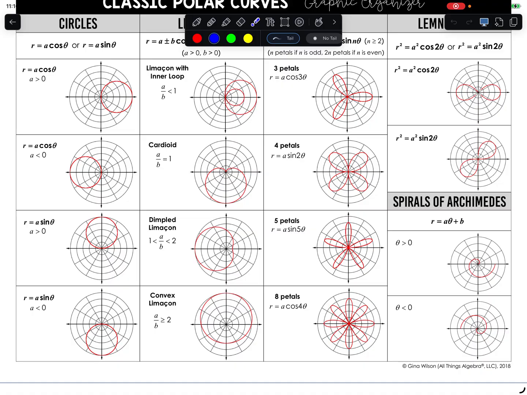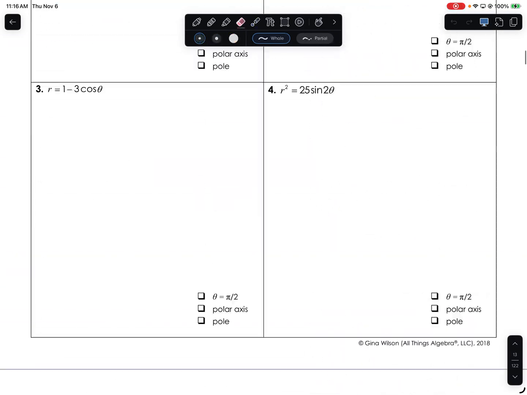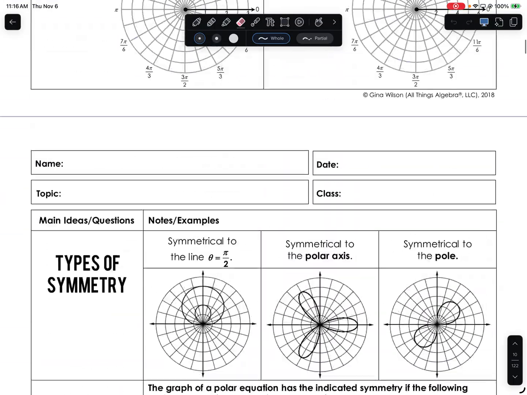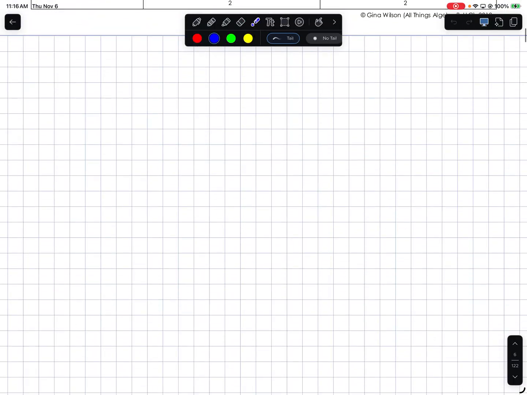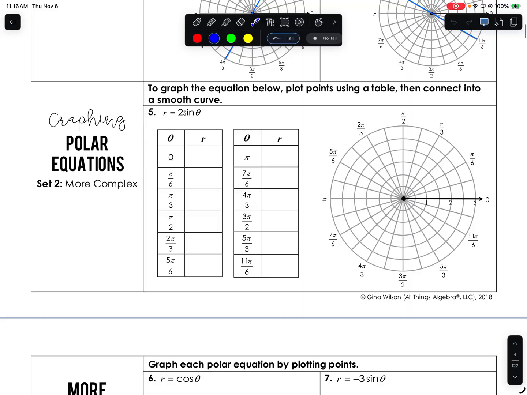So first thing we're going to do is positive sine, but we're multiplying it by 2 as well. That's the tricky part. Okay, so you look at your unit circle and you try to find where sine is 0. What's the measure when sine is 0? The angle measure is 0.